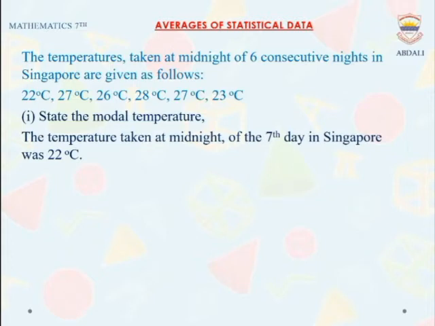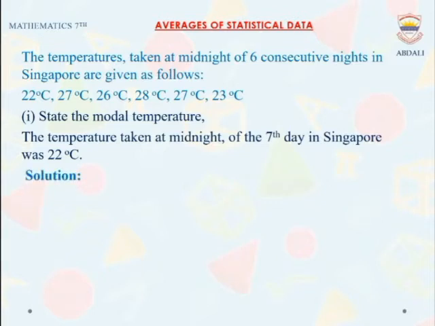Okay, we have to tell the modal temperature, but they have given us only 6 consecutive nights. And now another piece of information is that the 7th night also has a temperature, which was 22 degrees centigrade.